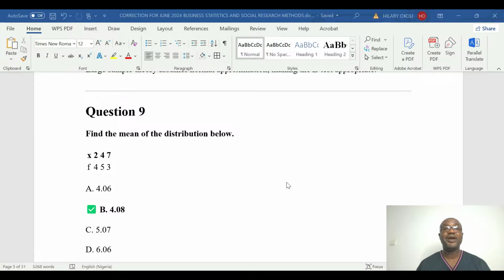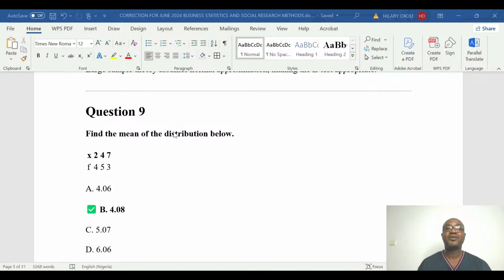We are looking for the mean of the distribution where we have X: 2, 4, 7, and for F we have 4, 5, 3. So how do we solve that? Under X, what we'll do is 2 times 4 plus 4 times 5 plus 7 times 3.